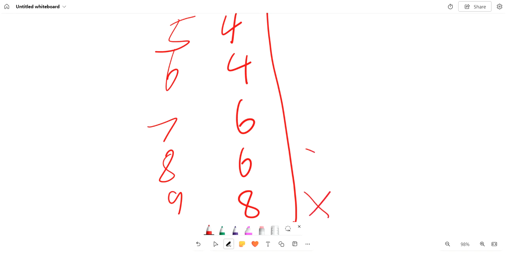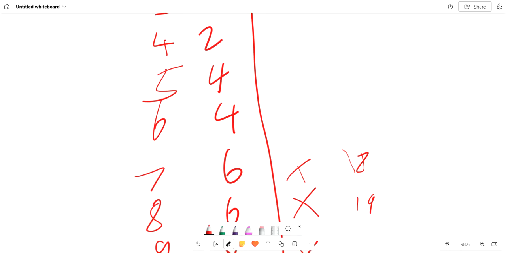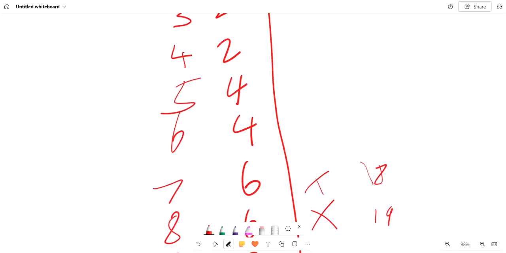So not possible, not possible. Because this sums to 19. This is not possible either because this sums to 18, and 999 is not an optional choice.